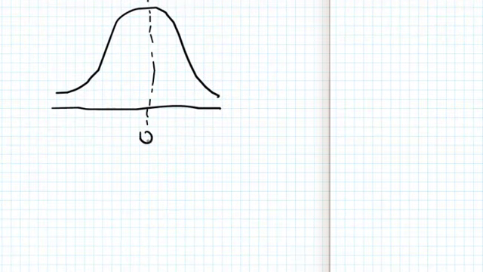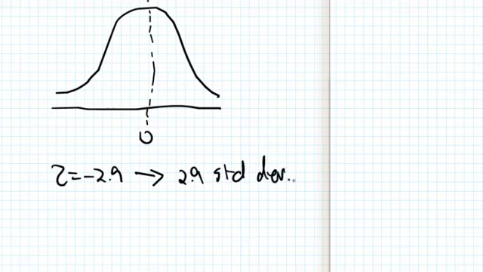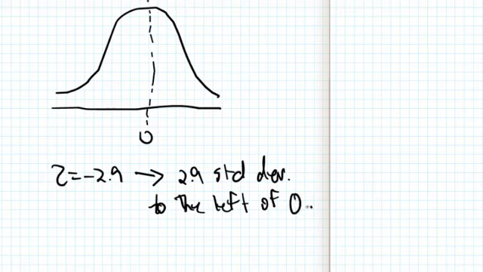So if this is 0, Z equals negative 2.9 really implies that I am 2.9 standard deviations, and that's really the key, to the left of 0, or of the mean.